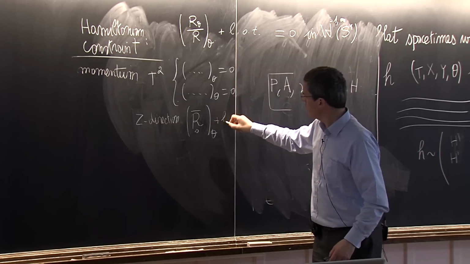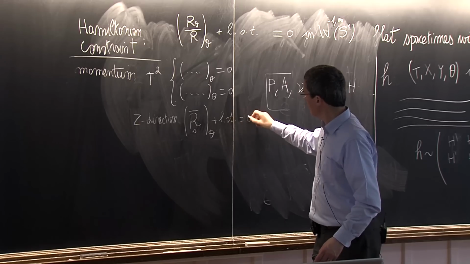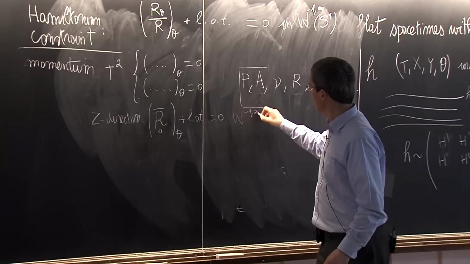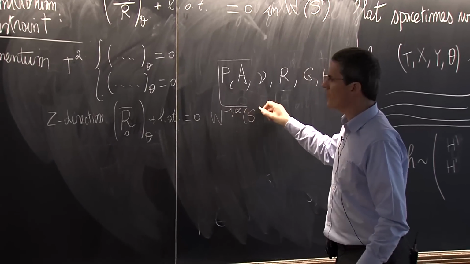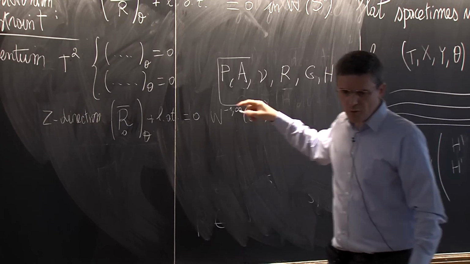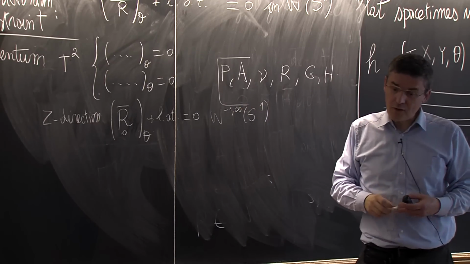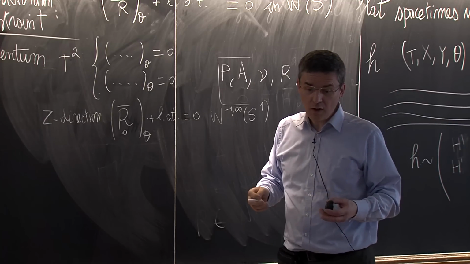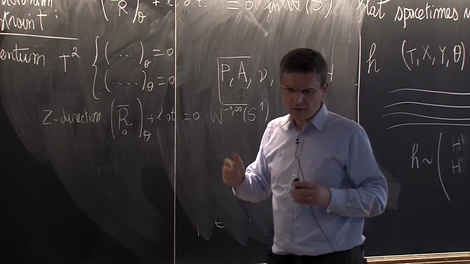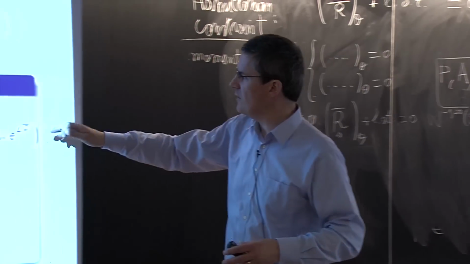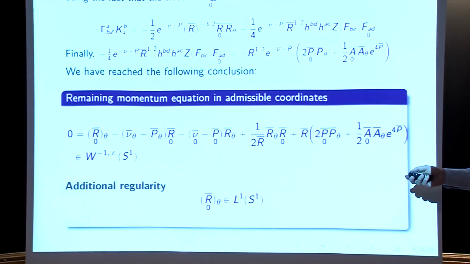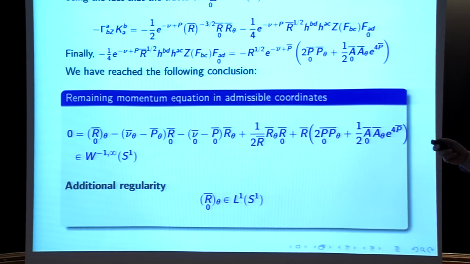There are lower order terms, equal 0, and this is an equation that we define in W minus 1 infinity of S1. And once more, as I mentioned before, you can derive additional regularity: this quantity r bar 0 is in fact W11, because all the terms that come here will typically be products L2, L2 or L1, L infinity.